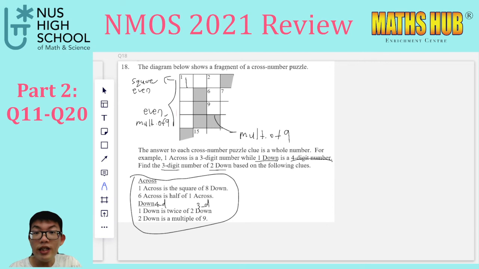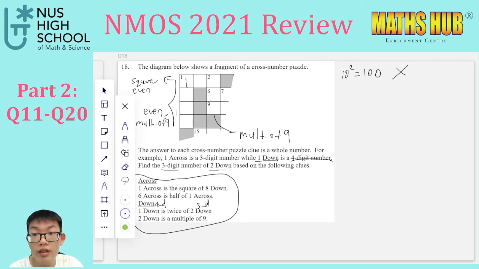Now, because it's 1,000 and something, I can look at this 1 across, which is an even square number that is 3 digits and starts with 1. So let's write down, 10 squared is 100. We can't use 100 because then this will start with 0, which we cannot do, otherwise that will not be a 3-digit number at all.